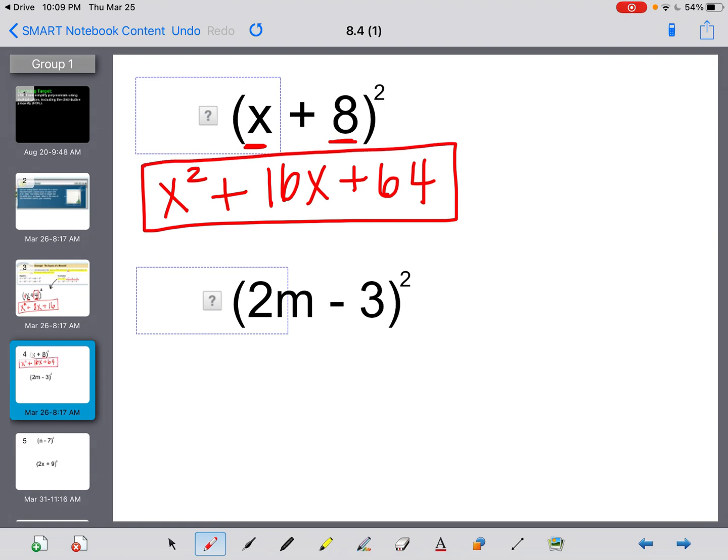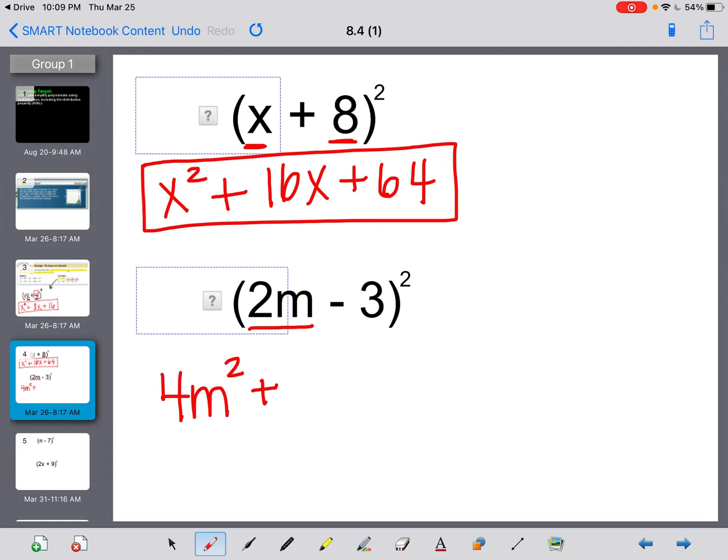Down here at the bottom, same idea, only this time we have a number, a coefficient in front of the m. So you'll see how that changes this. First we need to take the square of the first term. 2m squared is 4m to the second power.